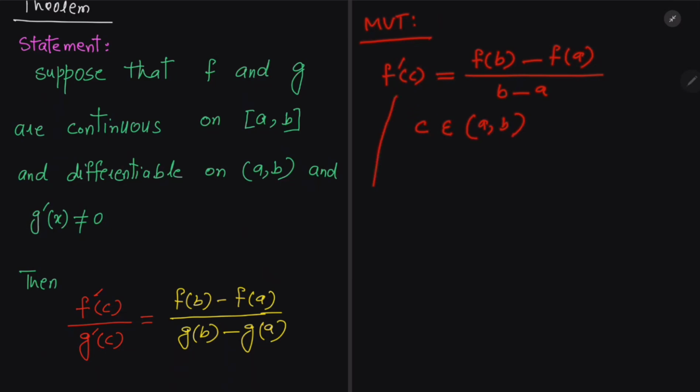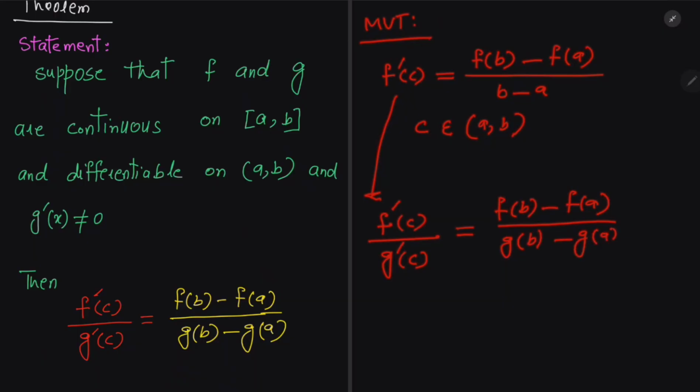But here in Cauchy's mean value theorem, we have not one function but two functions. That is surprising. f'(c) divided by g'(c) equals f(b) minus f(a), divided by g(b) minus g(a). We will talk about why there are two functions.